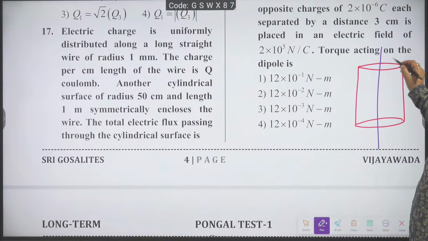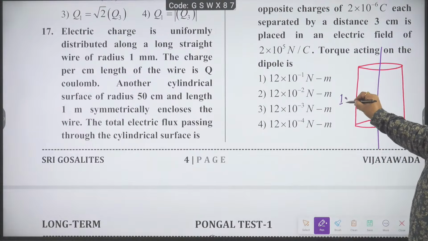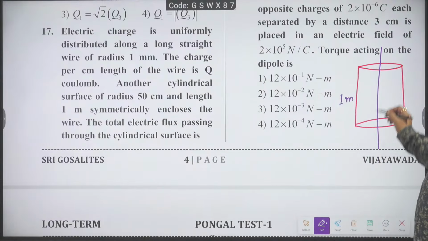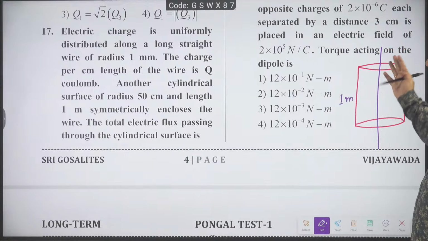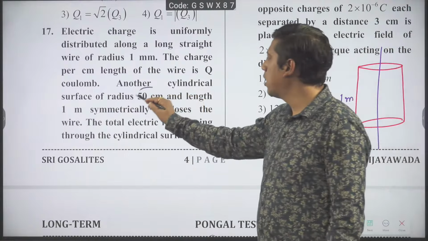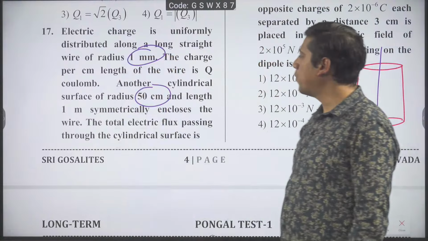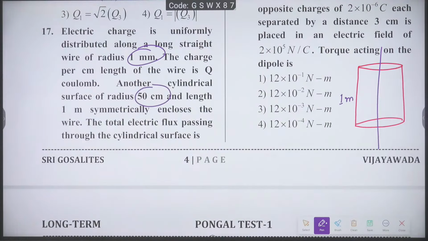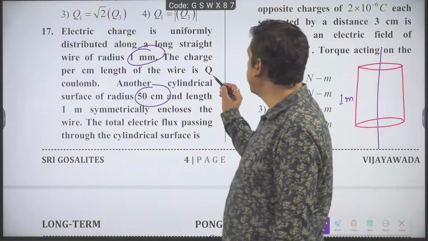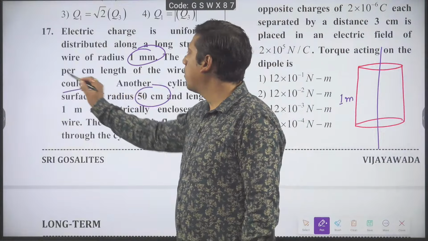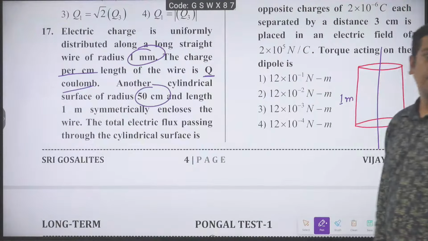This length is 1 meter and the wire is inside the cylinder. This 50 centimeter, this 1 mm is of no use. Only this length is 1 meter, and charge per unit length is Q coulomb per centimeter.